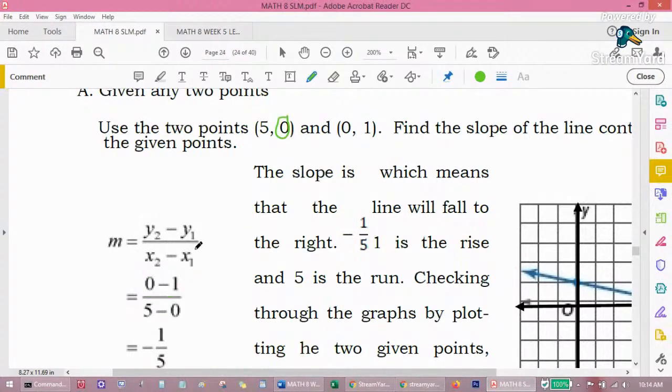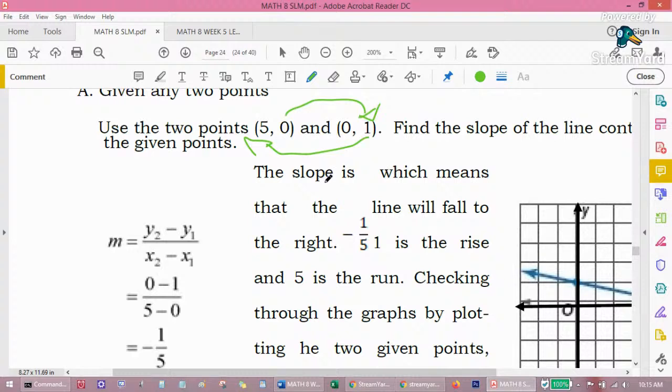And then, sa baba naman is x minus x. So, 5 minus 0. Itong dalawa. Yung 5, itong 0. Yung dalawang x. Hindi pwedeng 0 minus 1, tapos yung isa naman is 1 minus 5.